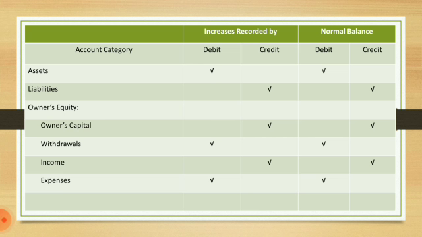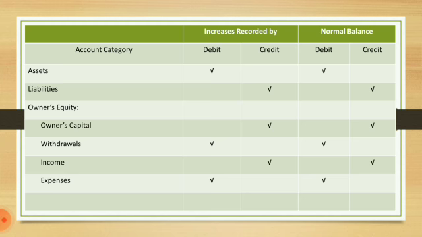Owner's capital increase is in the credit. Withdrawals, when you increase it, you record it in the debit. Income, when you increase it, you record it in the credit. And for expenses, when it is increased, you record it in the debit side.